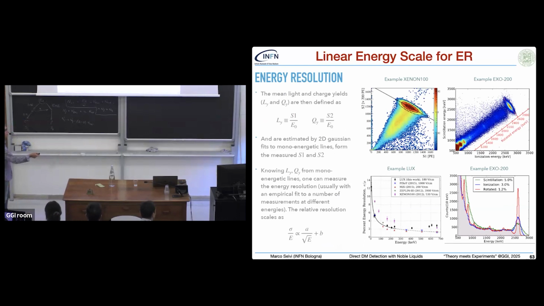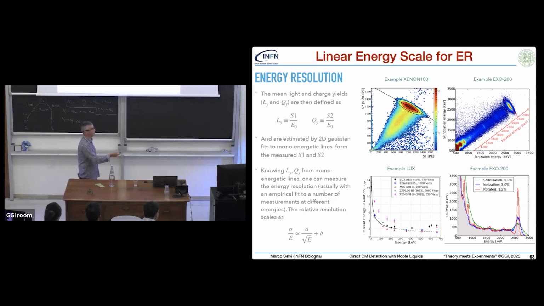So, for instance, if we have energy deposited by a fixed energy line, as we have in the case of many calibration signals, and if we plot it in the plane of charge versus light, this is what this plot is telling us: we have this ellipse that is anti-correlated in the two signals, because the more light, the less charge, and vice versa.